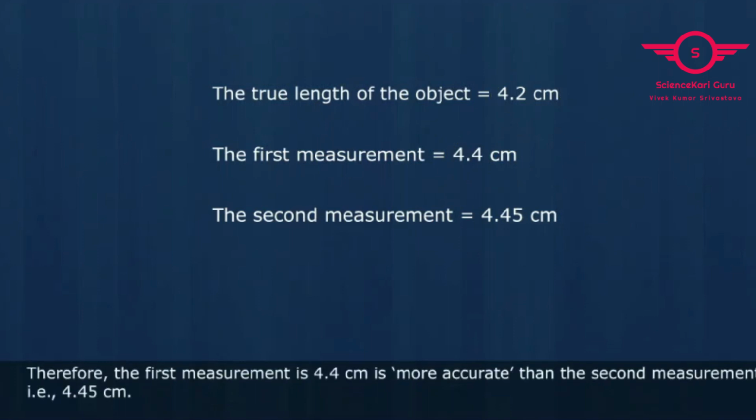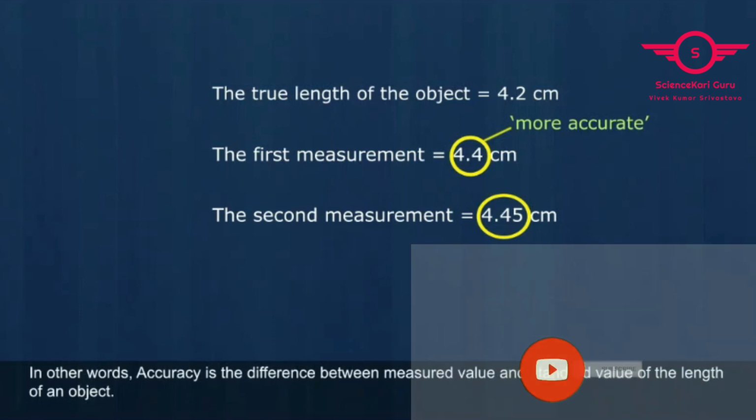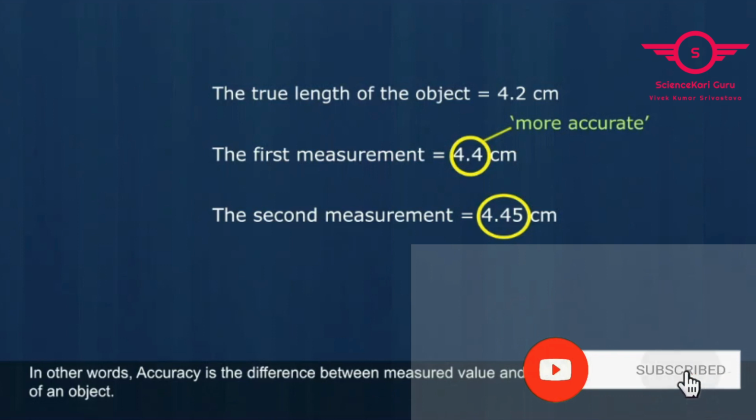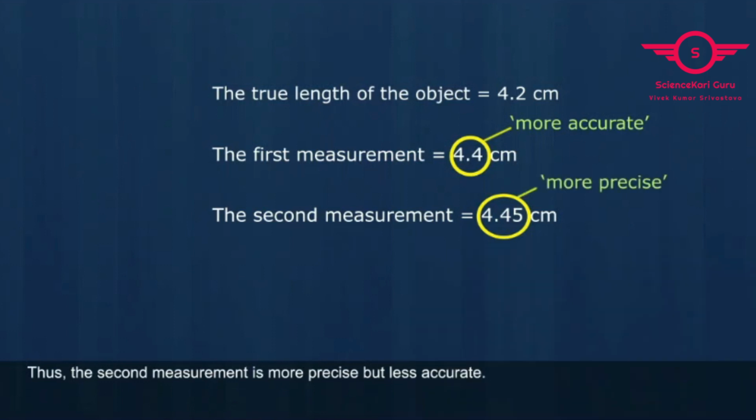Therefore, the first measurement, 4.4 centimeter, is more accurate than the second measurement, that is 4.45 centimeter. In other words, accuracy is the difference between the measured value and the standard value of the length of an object. Thus, the second measurement is more precise but less accurate.